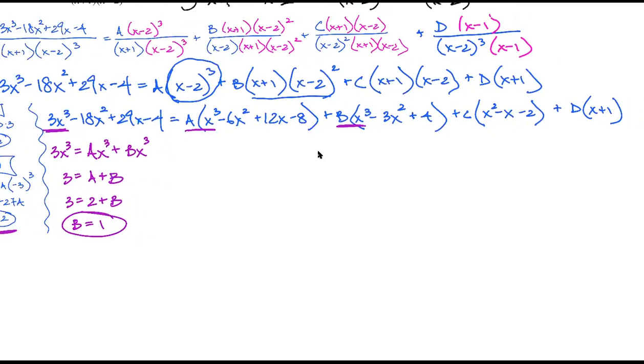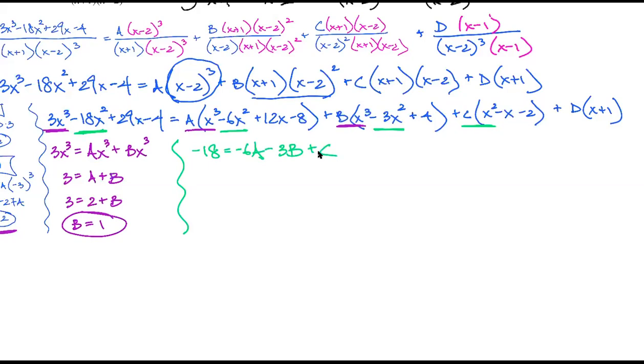But I'm going to go ahead and use the x squared term. So negative 18x squared is going to equal negative 6ax squared minus 3bx squared plus cx squared. And I'm only going to write the coefficients. So negative 18 equals negative 6a minus 3b plus c.